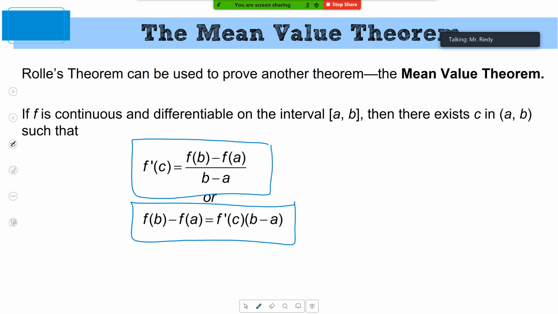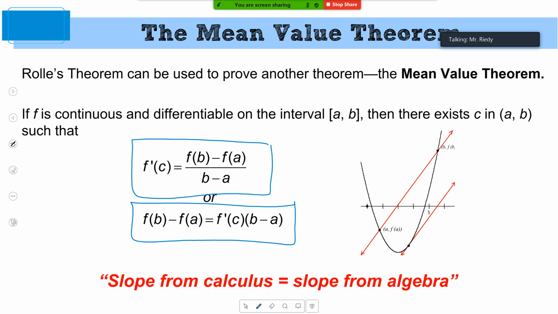All right, how does this work? There's a picture. I took a parabola, and I picked 2 points. I picked the point A, and I picked the point B. And again, this is calculus, so the point A is at A, comma, f of A. The point B is at B, comma, f of B. And I can calculate the slope of this line: y2 minus y1 over x2 minus x1.